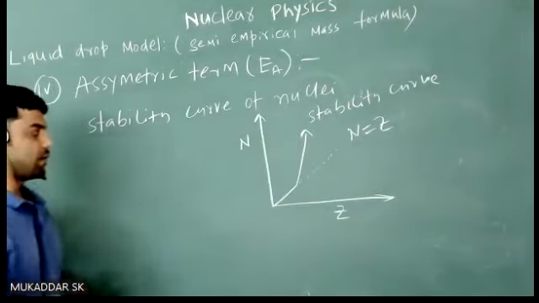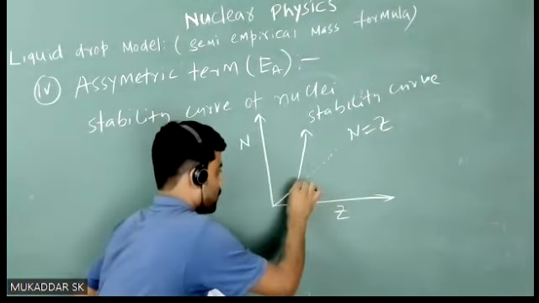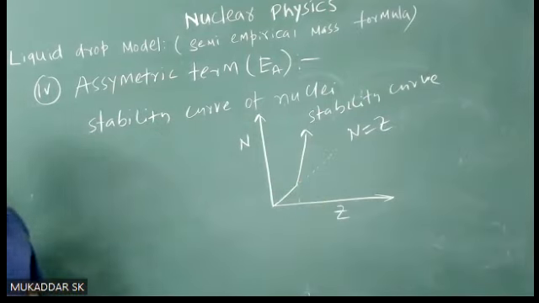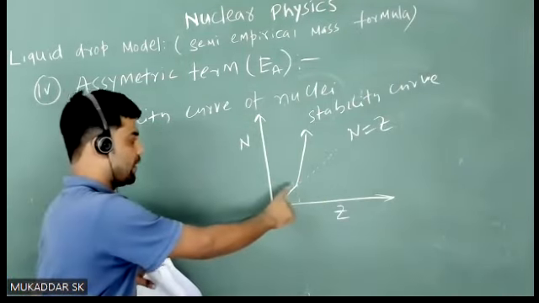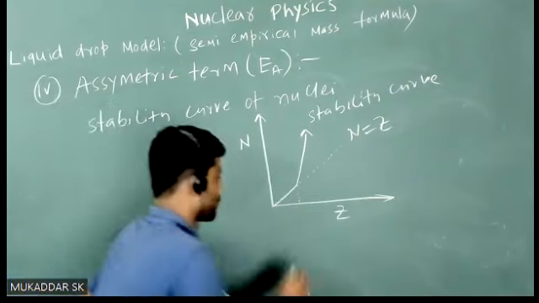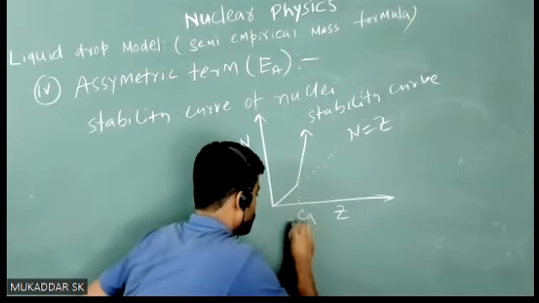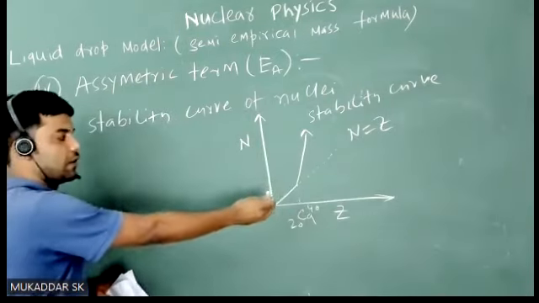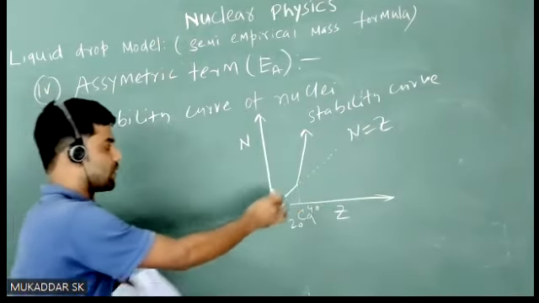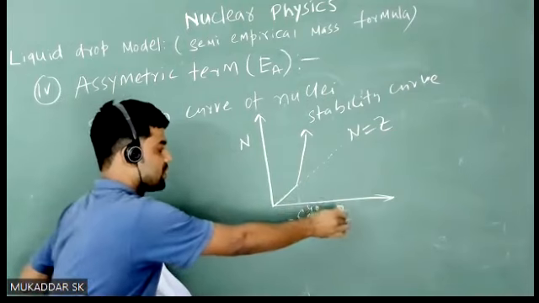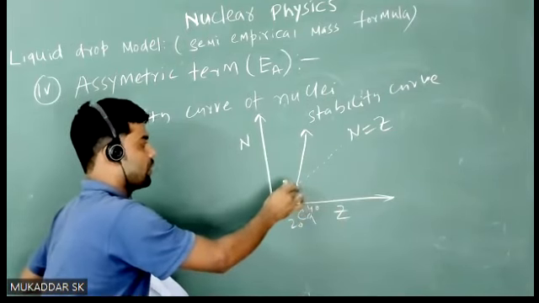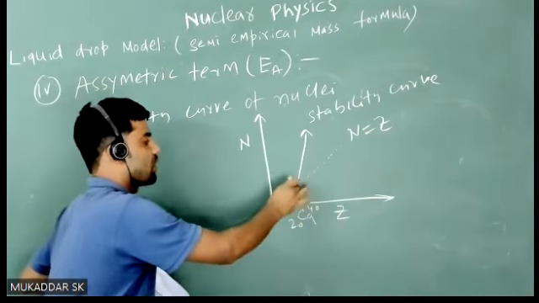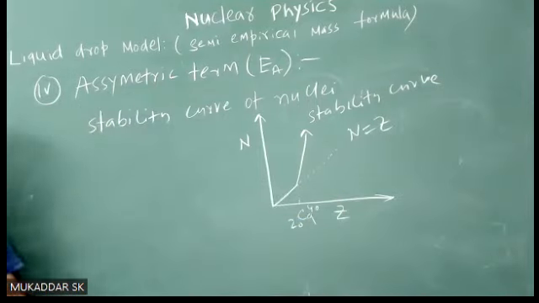The solid line is basically the stability curve, and stable isotopes follow that N equals Z line up to calcium 40 (Z = 20). But after that, when you increase the mass number further, although the proton number is increasing, the increment of neutron number is large as compared to proton number.